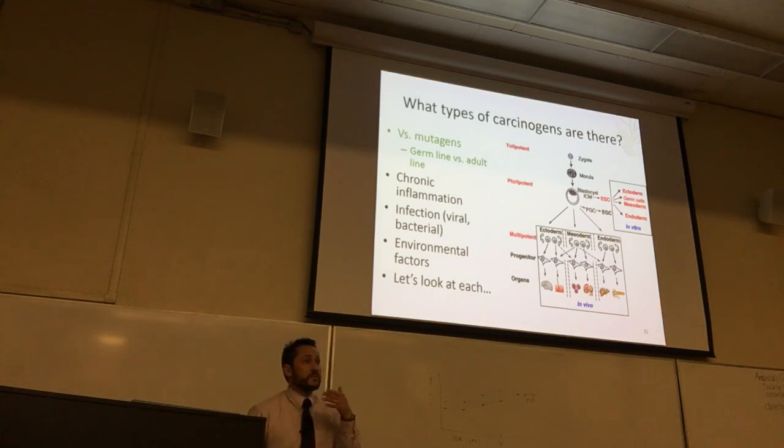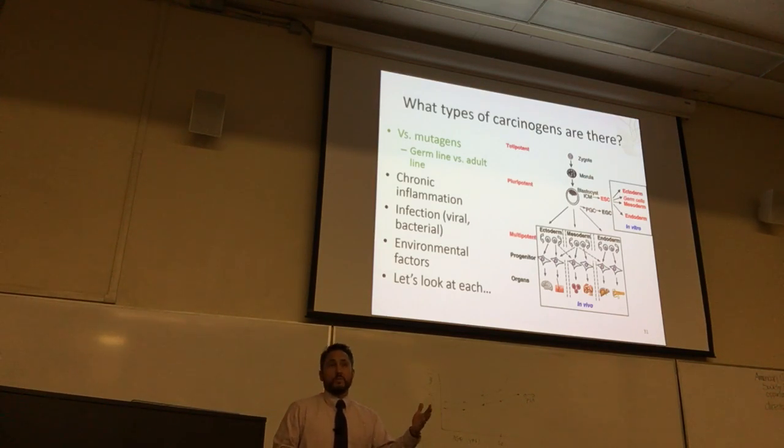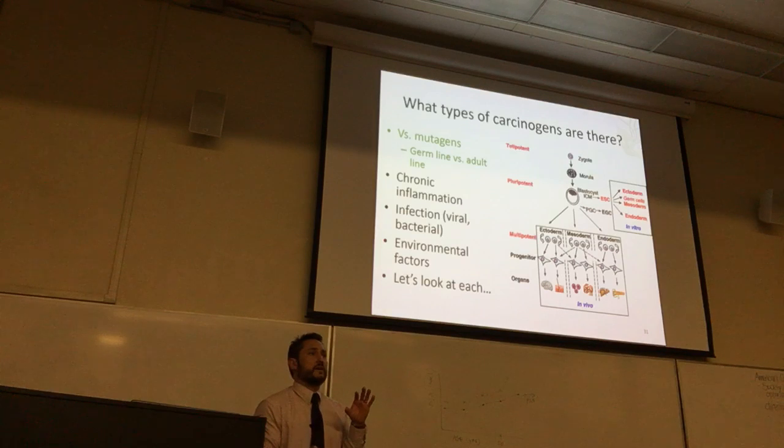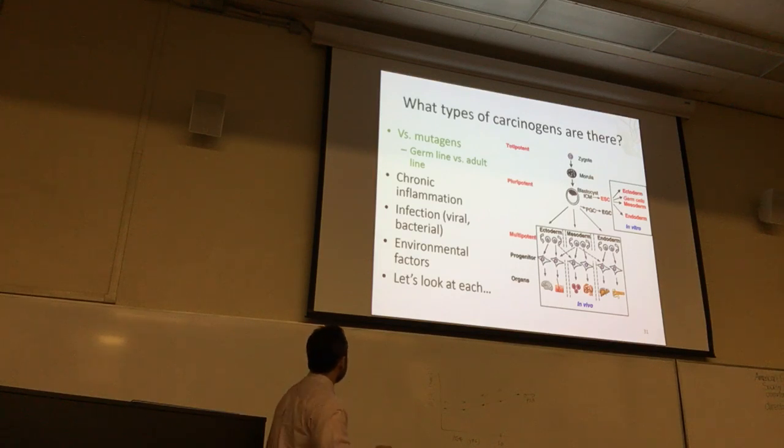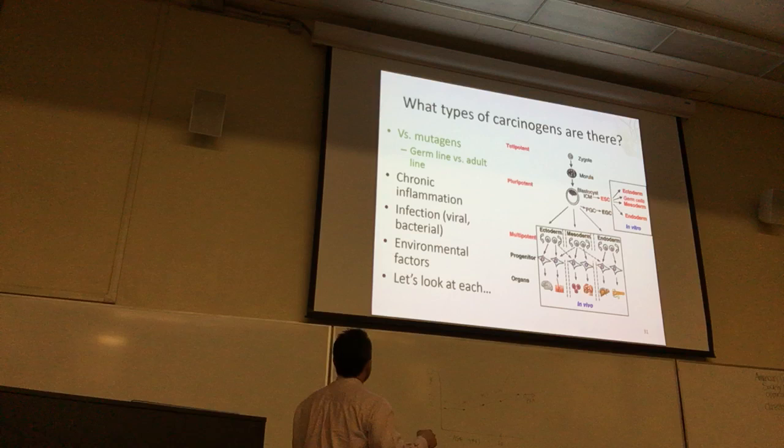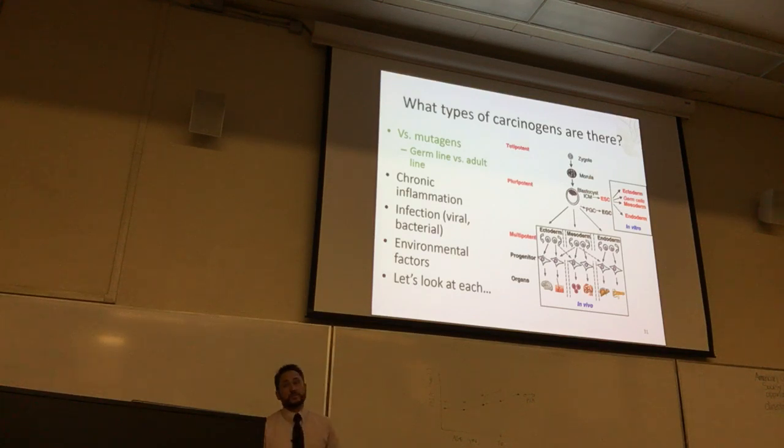And that's probably something that's within the germline. But if it's, let's say, colon cancer, and patients wrestling with colon cancer have no history in the family of colon cancer, then it's probably not a heritable trait. It's probably something related to the environment or that particular patient, and that's in the adult line. So things like chronic inflammation, even infection, or environmental factors like radiation or pollution.